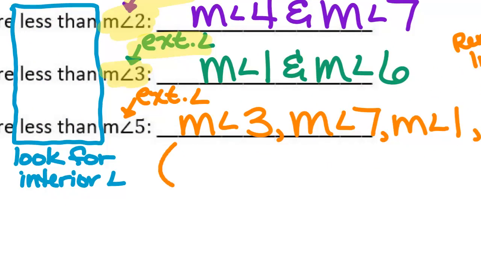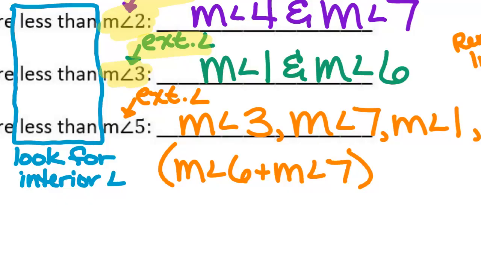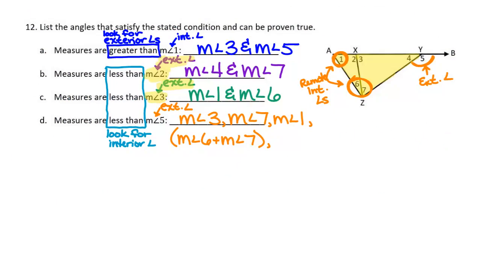And angles 6 and 7 put together, there's one more angle. If angle 5 is bigger than angles 6 and 7 put together, then angle 5 has to be bigger than angle 6, and angle 5 has to be bigger than angle 7 separately.